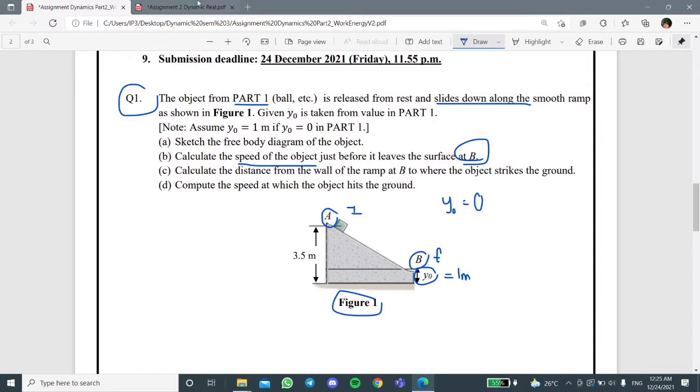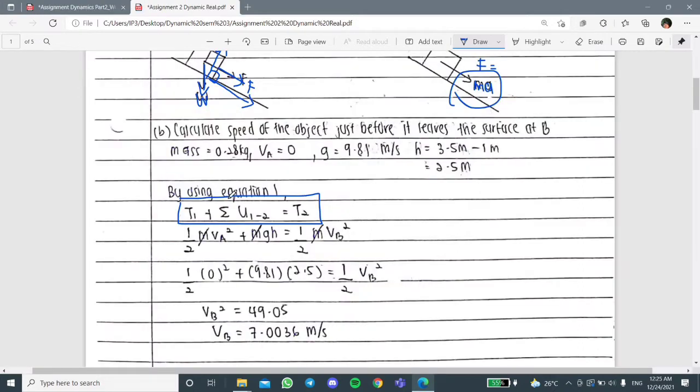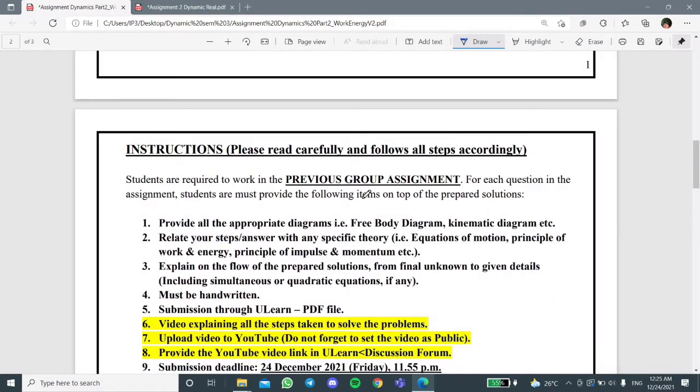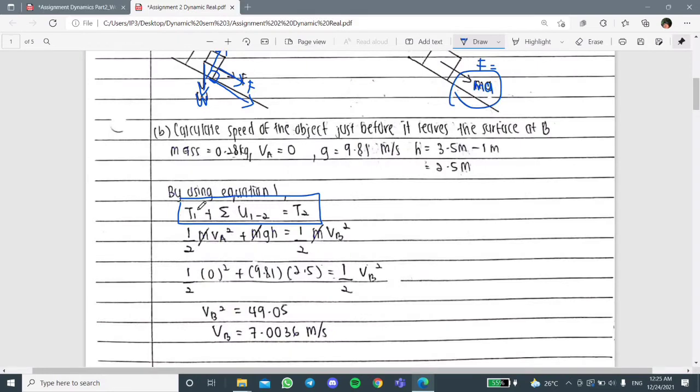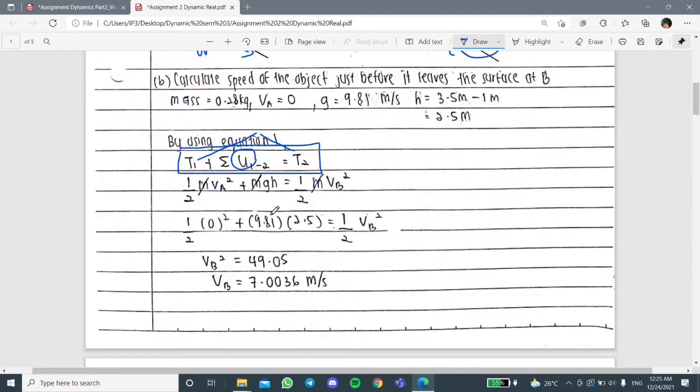For this question, we need to use equation 1 here, T1 plus U equals T2. T1 is kinetic energy and T2 is also kinetic energy. U is the work done by all forces acting on the particle, on the object.